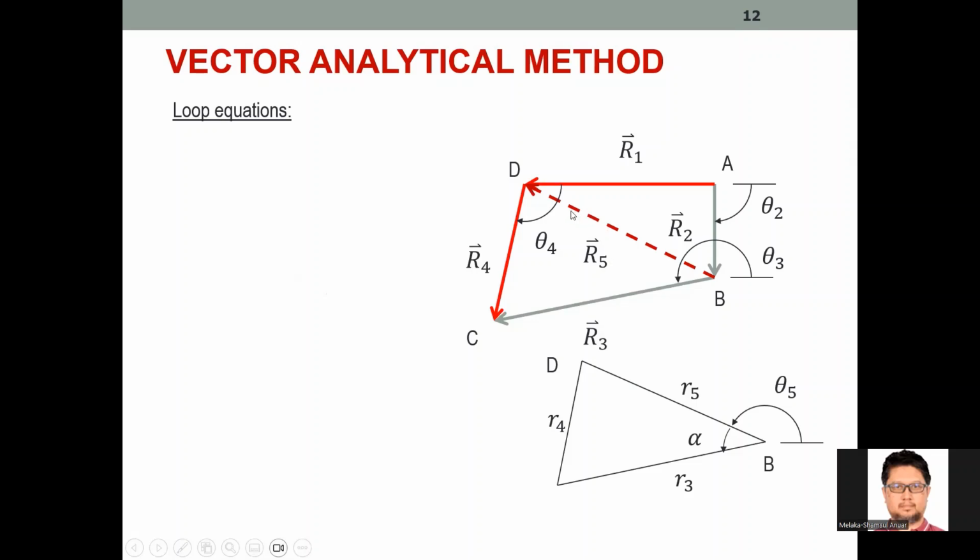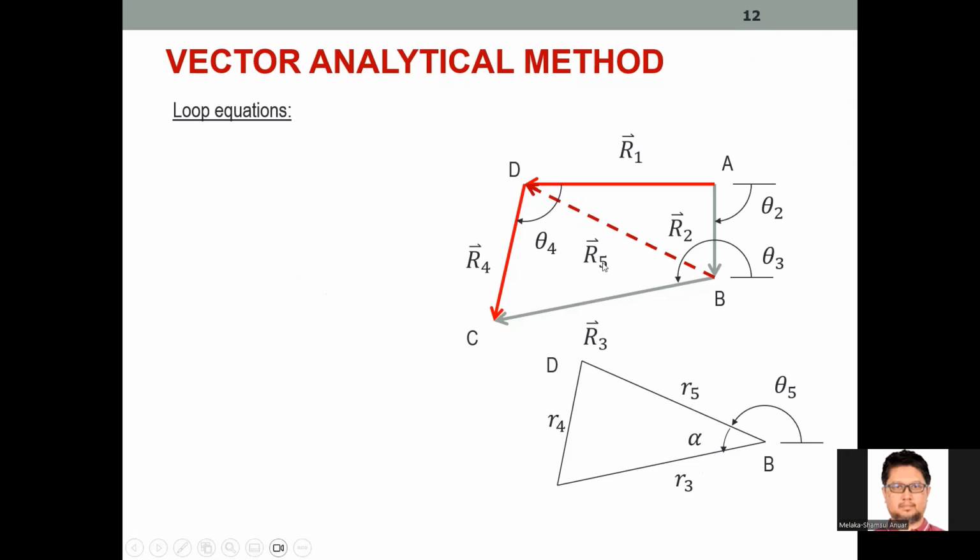If I label the imaginary vector in the middle as R5, when I convert this from vector to scalar, you get this triangle, and you can work with the scalar part of the vector, where on the lower left part you have R5, R3, and R4.